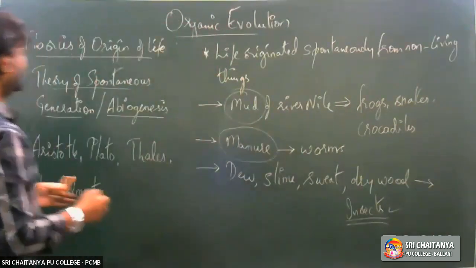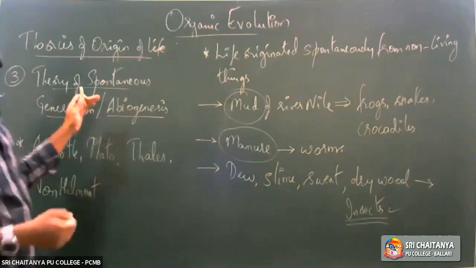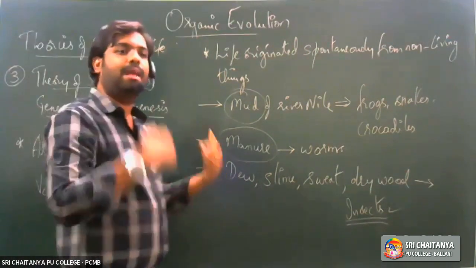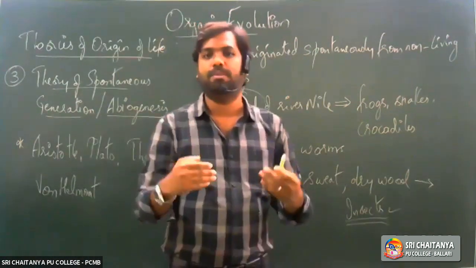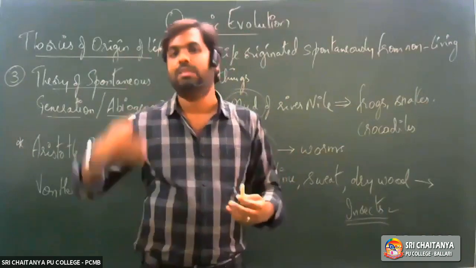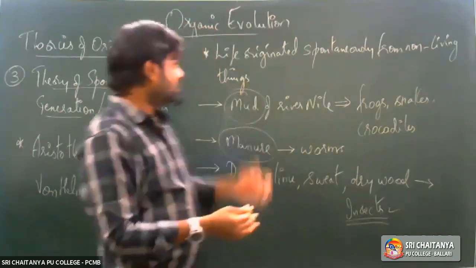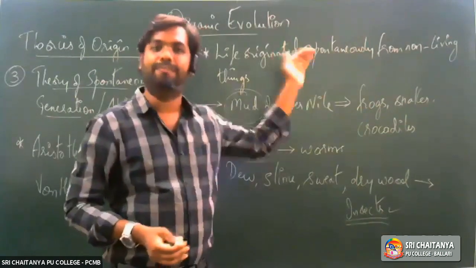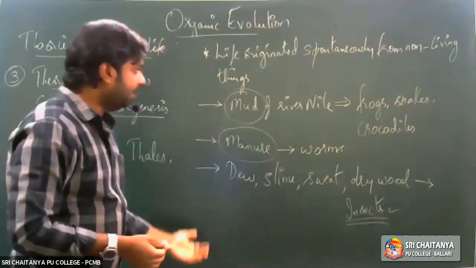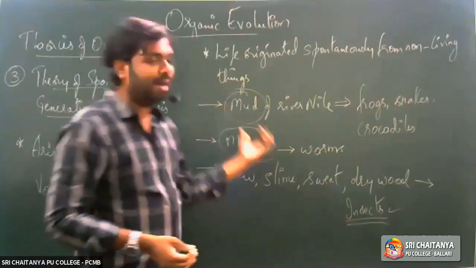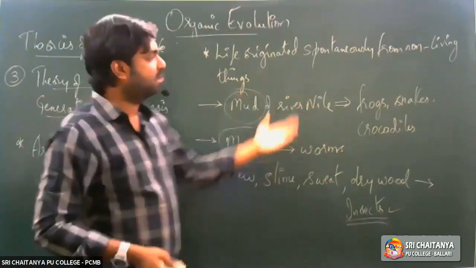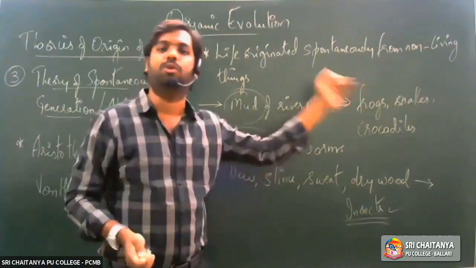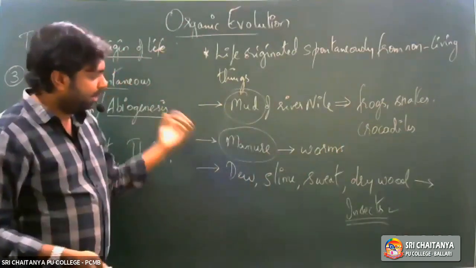The third theory, the theory of spontaneous generation or abiogenesis, says that life originated spontaneously from non-living things. Some of the examples they came up with: from the mud of the river Nile, organisms such as frogs, snakes, crocodiles, and toads have evolved.